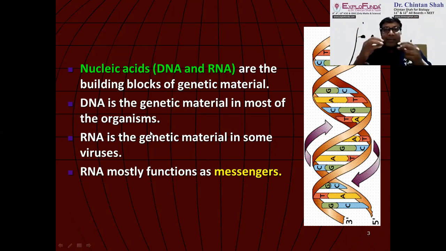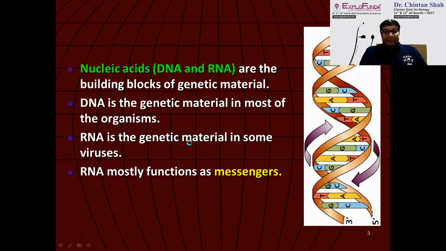Amino acids are the building blocks, or you can say monomers, of a polymer whose name is protein. So many amino acids will give rise to what? Again, protein. So if the protein is a polymer, then the monomer is what? Amino acid.